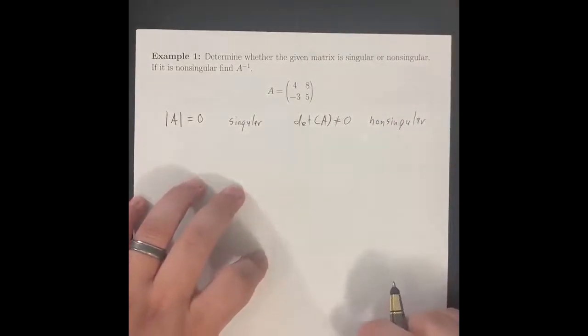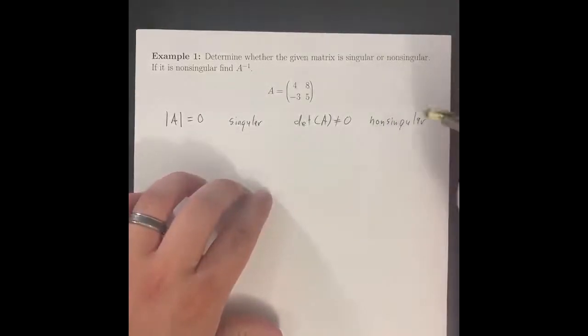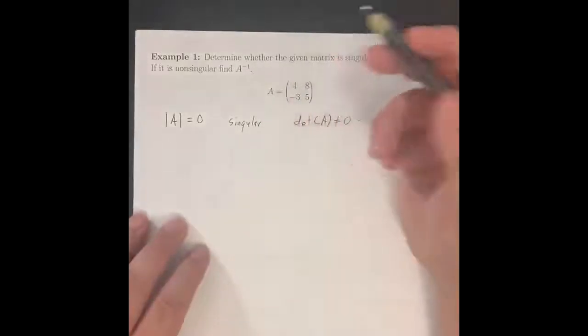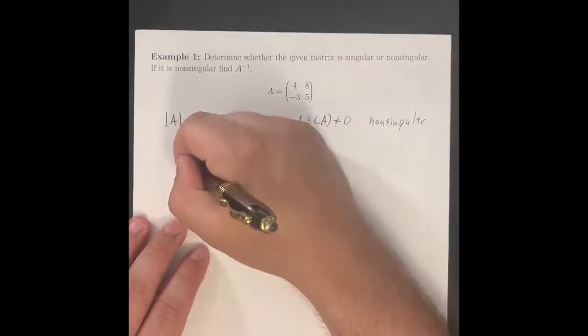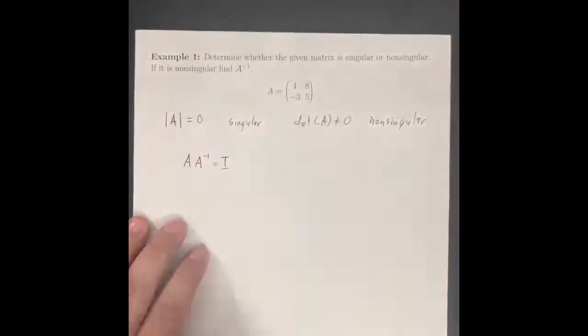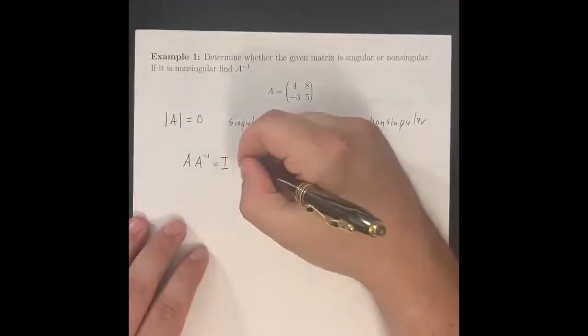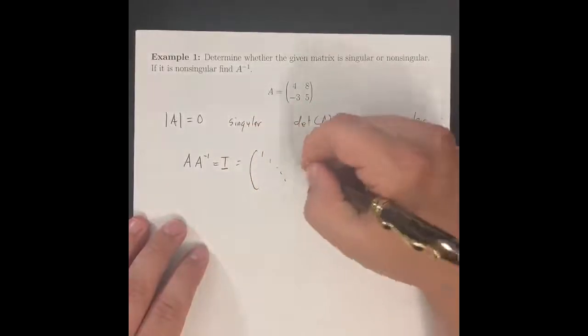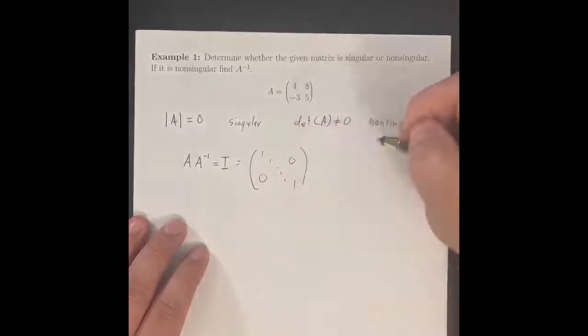Okay. If it's non-singular, a lot of nice things happen. We can find a matrix inverse. A matrix inverse means that when we multiply a matrix with its inverse, we get the identity matrix. And the identity matrix is just a matrix with ones on the diagonal and zeros everywhere else.